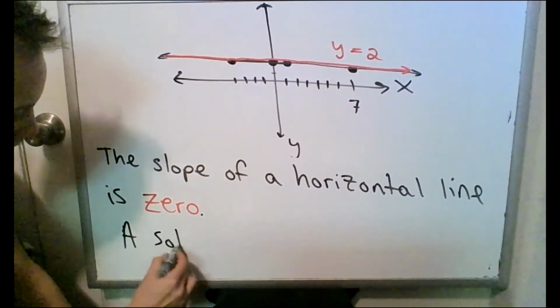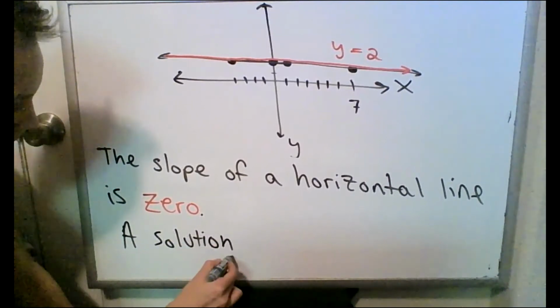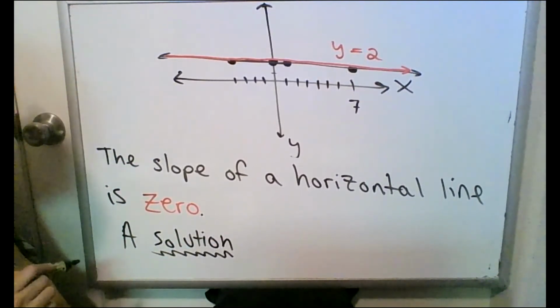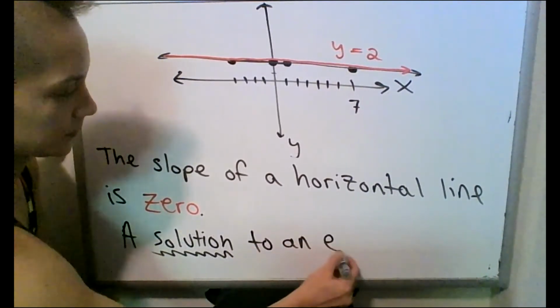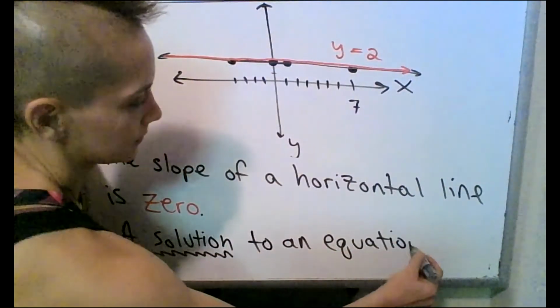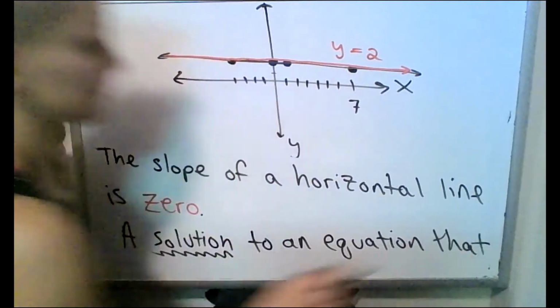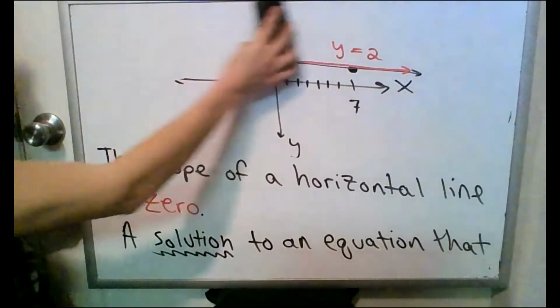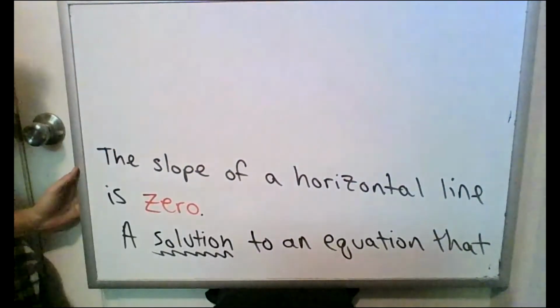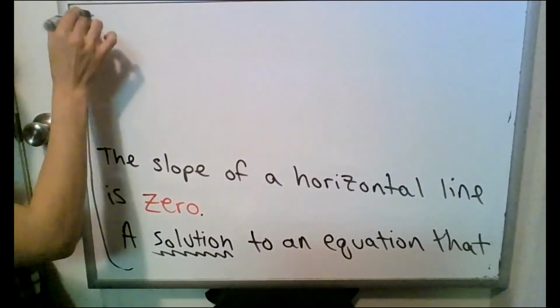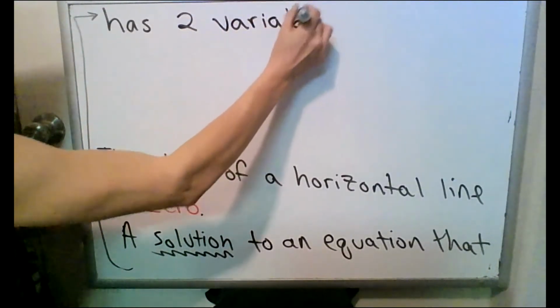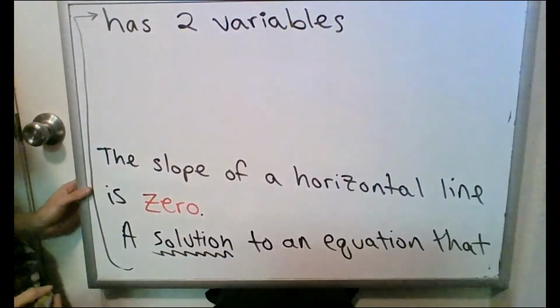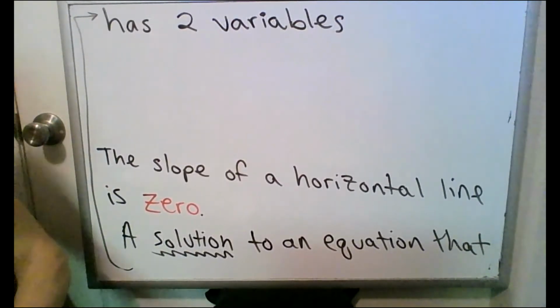A solution to an equation with two variables will be a pair of numbers that makes the equation a true statement.